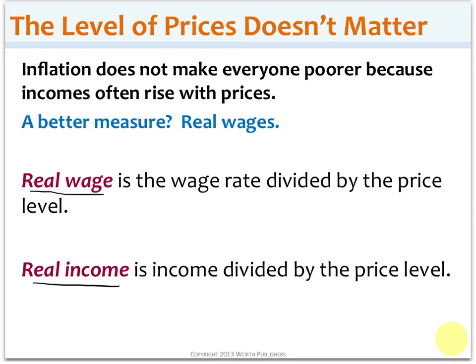We can adjust any of those measures for the impact of increased prices. And we'll see that as prices increase in an economy over time, usually nominal wages, that is, wages not adjusted for inflation, rise also. So at the end of the day, when you take into account real wage, that's unchanged. So as prices go up, nominal wages go up. You went from $10 to $11 an hour, but prices also rose by 10%. You're not any better or worse off.